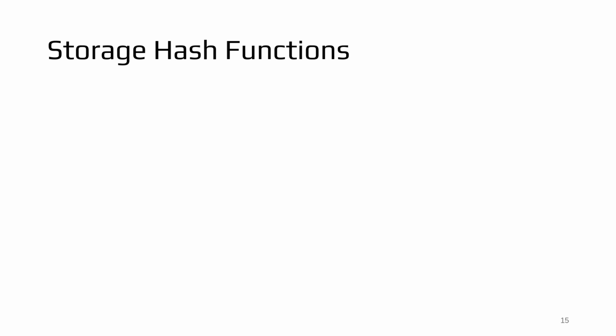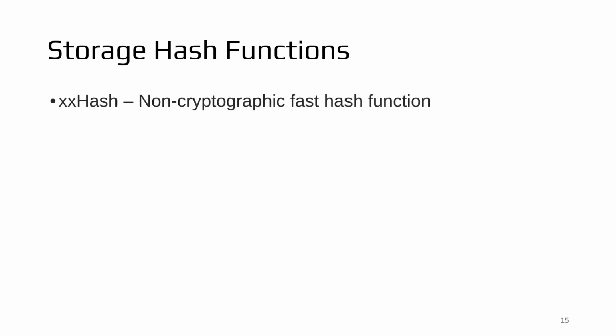Now, before getting into the next section, I want to define a few hash functions that are being used in Substrate. The first is the 2x hash, which is a non-cryptographic fast hash function. I'm not going to go into detail with any of these. If you're interested, I'm pretty sure they provide a detailed explanation of all of this on their documentation, but you can also just Google it and you'll find a bunch of information.